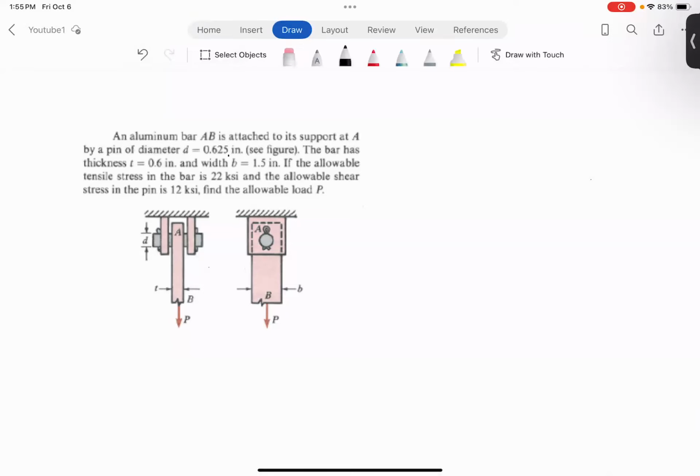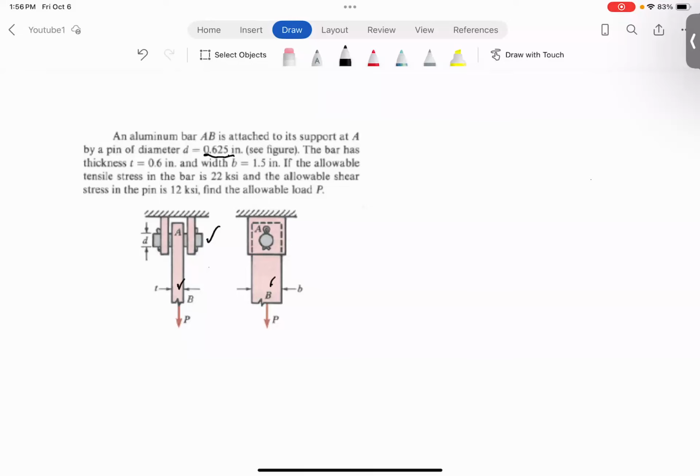So we have a bar made of aluminum AB, which is attached to supports at A by a pin of the diameter of 0.625. So you see this pin here has a diameter of 0.625. And the bar has a thickness of 0.6. So this is the thickness and the width of 1.5 inch. Now there are two restrictions.